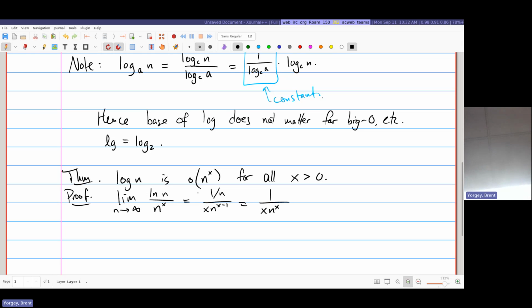Oh, I should be writing limit everywhere. Limit. And because x is positive, as n gets big, the bottom's going to keep getting bigger. And so it's just going to be 1 over something, it's going to go to 0. Okay, that's it.